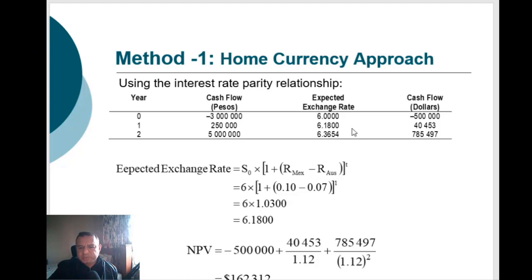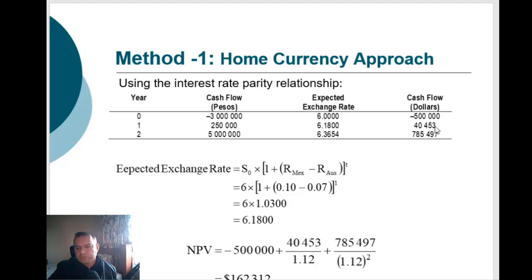Based on that, 250,000 pesos is equivalent to 40,453 Australian dollars. In year 2, the cash inflow is 5 million pesos. The expected exchange rate is 6.3654, so converting to Australian dollars gives 785,497. That is the cash inflow.